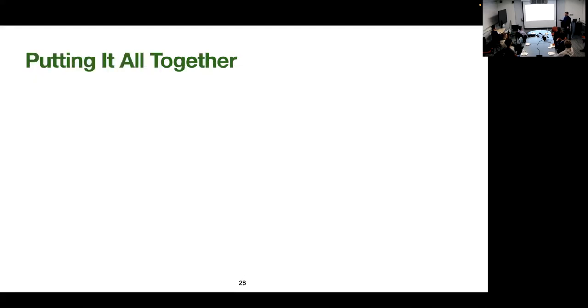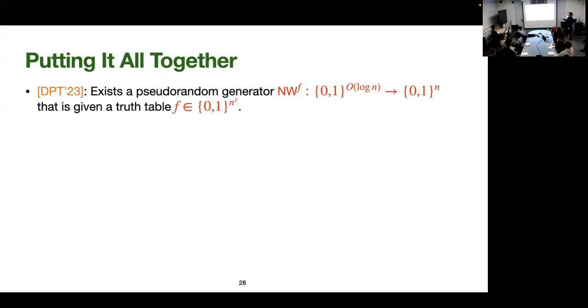So putting these two technical tools together, we get a new instantiation of the hardness to randomness paradigm, which looks like this. We again unconditionally construct a pseudorandom generator that stretches log n bits to n bits, that is again given a truth table.